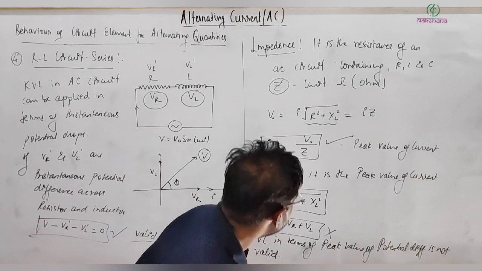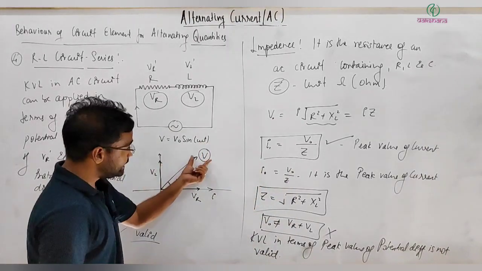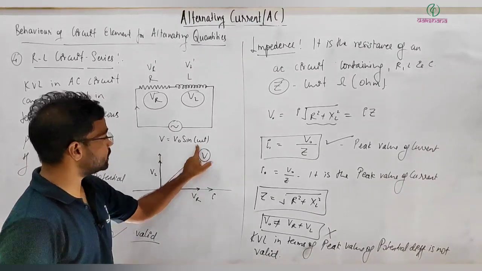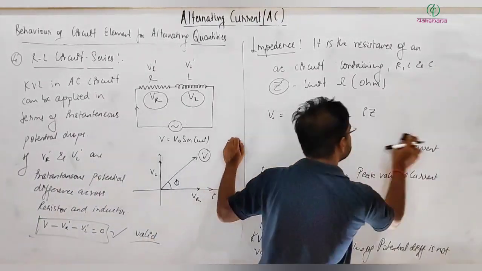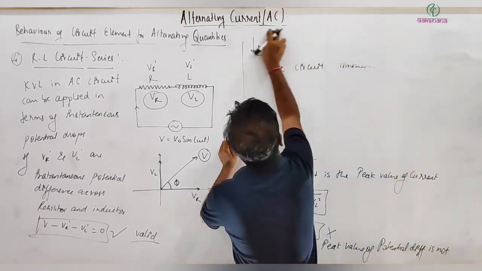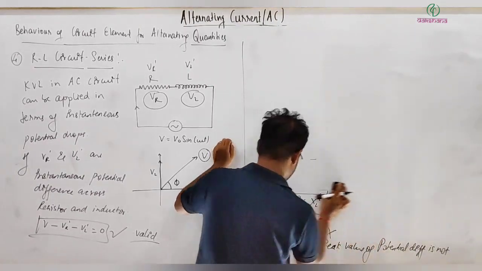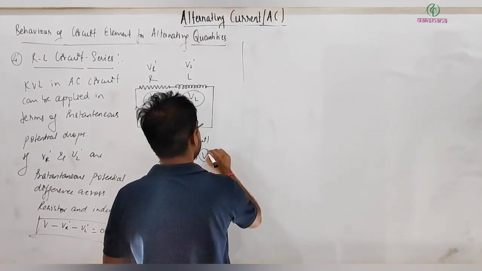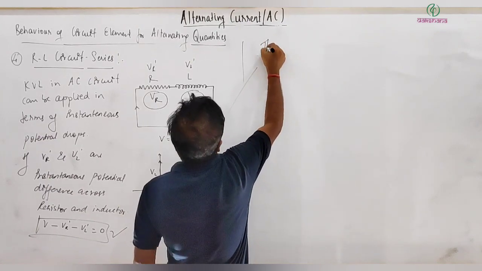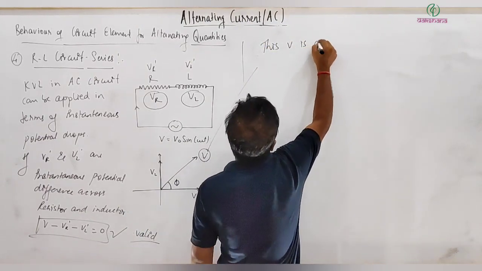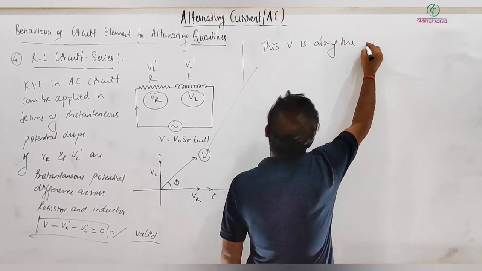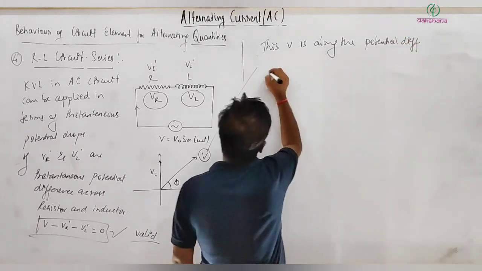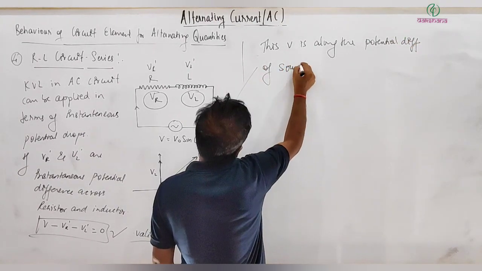So then the phase of the current, how will we find it? See, this is the peak value, but this is also along the net potential drop, or along the potential difference of the source. So here I will write this V is along the potential difference of the source.